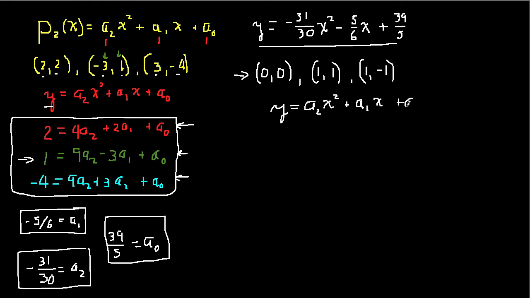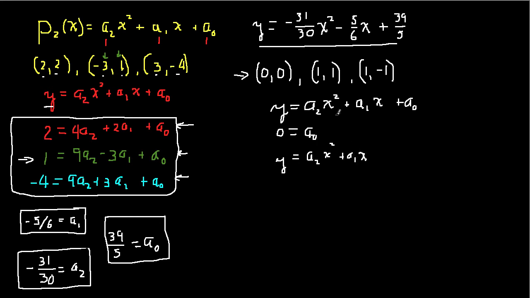Now, if I plug in the point x equals 0, y equals 0, that gives me 0 is equal to A2 times 0 squared plus A1 times 0. So all of this is 0 plus A0. So I have A0 equals 0. So now my equation looks like y equal A2 x squared plus A1x.